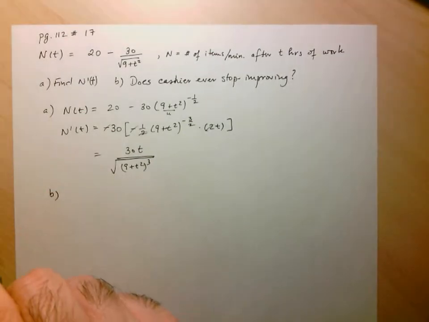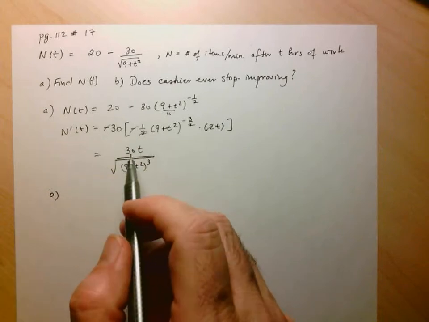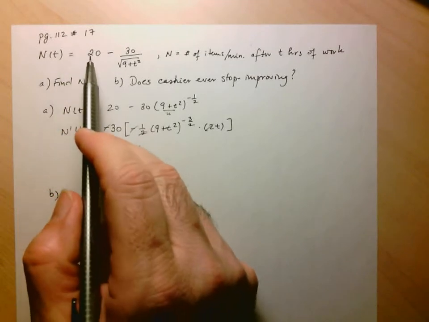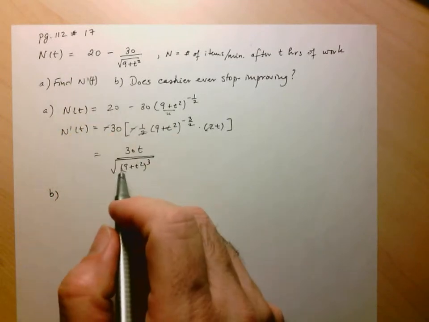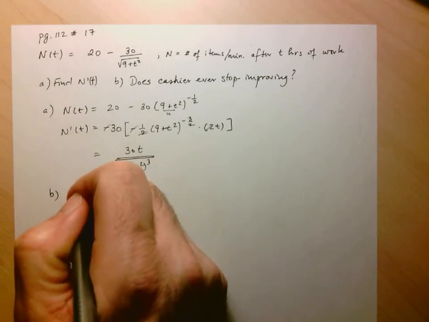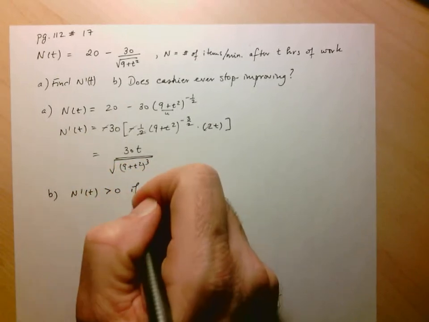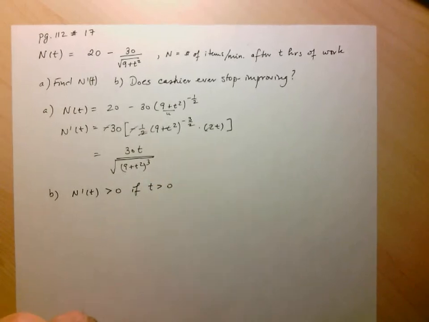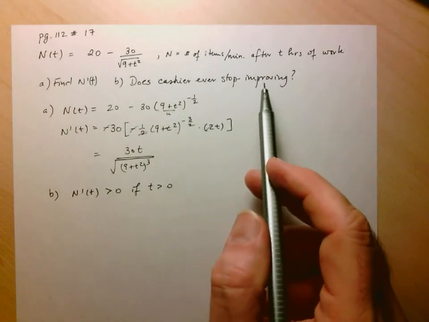Now let's talk about B. Does the cashier ever stop improving? Let's take a look at the derivative. Remember what the derivative represents: it's the rate of change of this function here. One thing I notice is that n prime at t is always bigger than 0 if t is bigger than 0. Does the cashier ever stop improving?